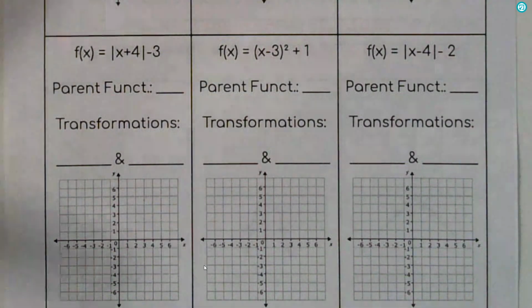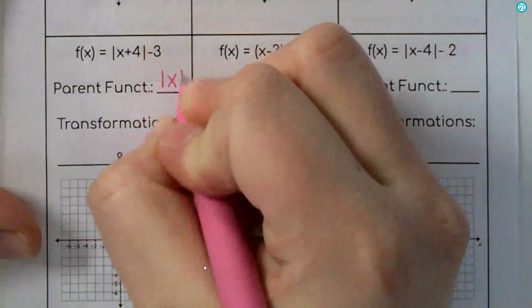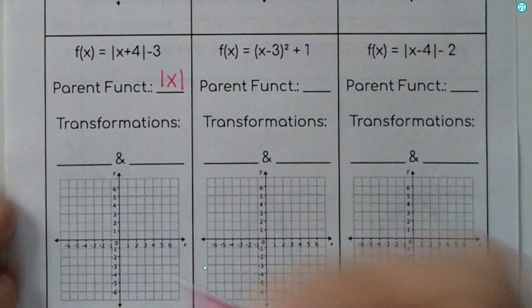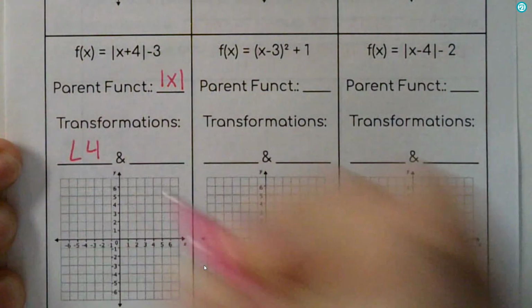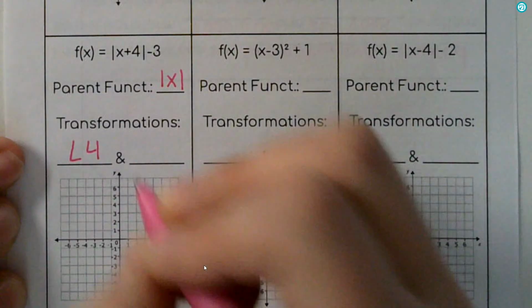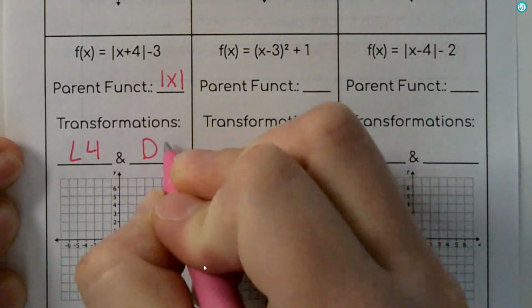So I kind of just told you my parent function's absolute value. Adding inside, what direction does adding inside move me? Left, thank you, Damien. Left 4. Somebody else, what does subtracting outside move me? Down. So left 4, and then down 3.